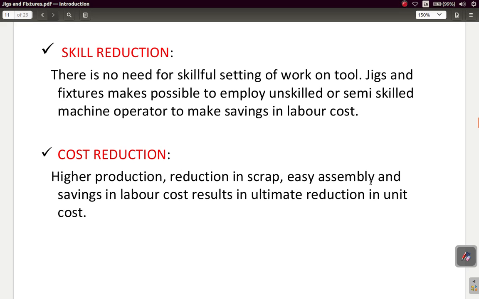Easy assembly. High rate of production: you're producing more per hour, per day. Reduction in unit cost means the expense of producing each item that you produce is reduced.